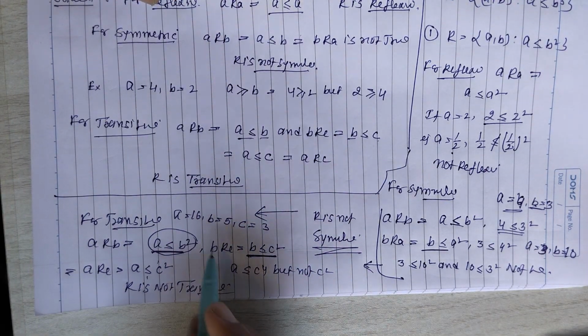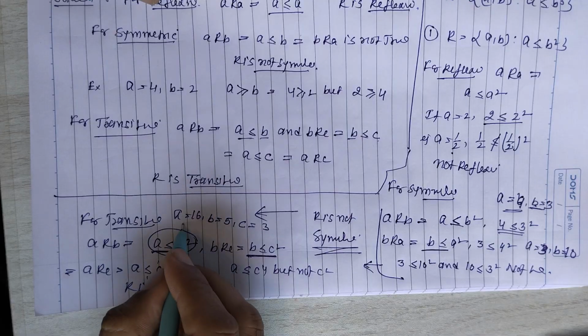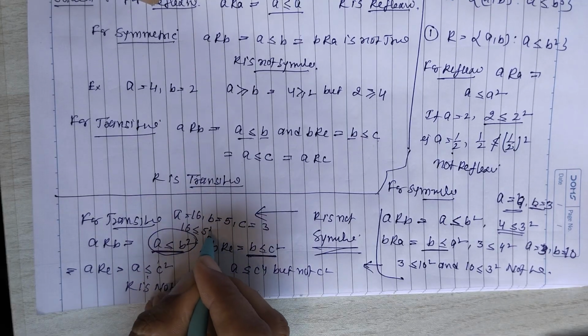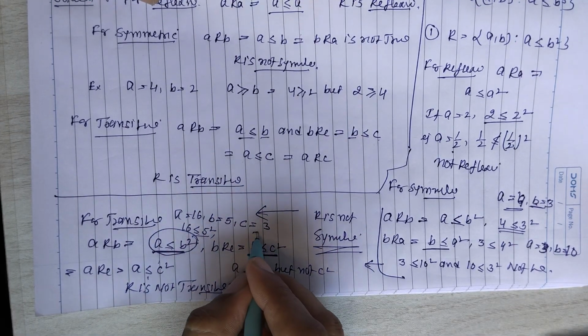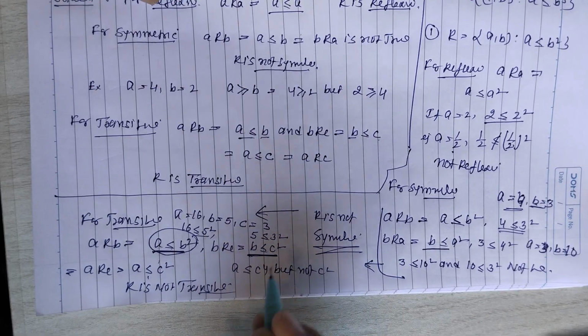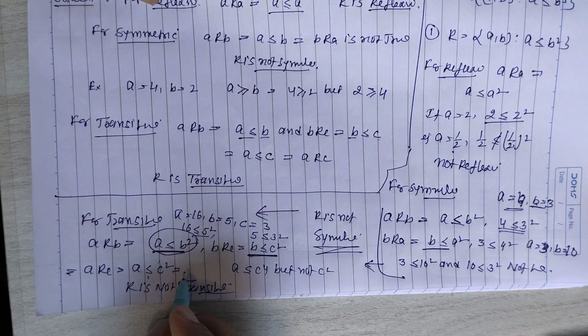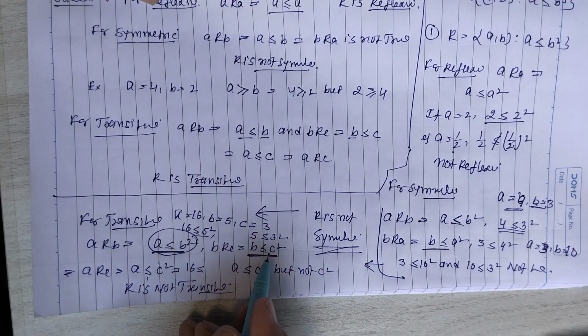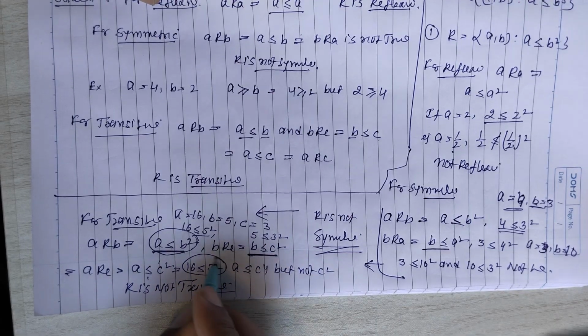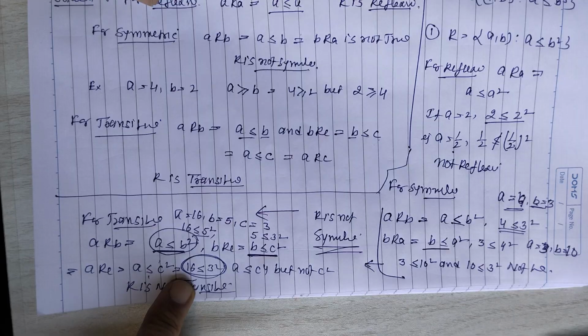When we write a is smaller than or equal to b², 16 is smaller than or equal to 5², true. b, 5 is smaller than or equal to 3², true. But here a, 16 is smaller than or equal to 3²? It is not correct. 16 is not smaller than 9, so it is not transitive.